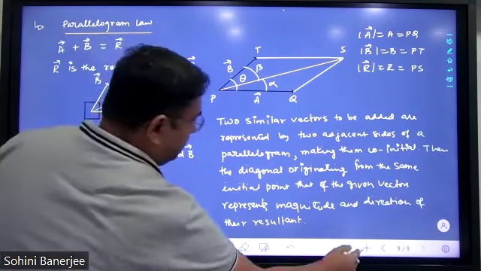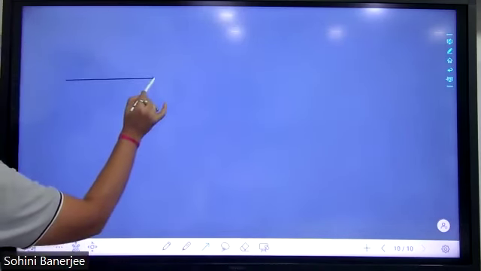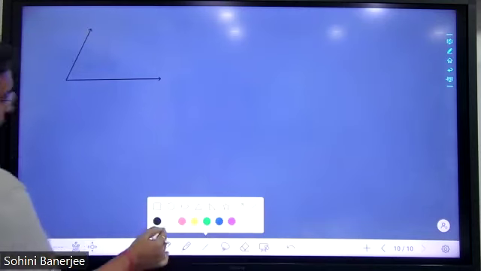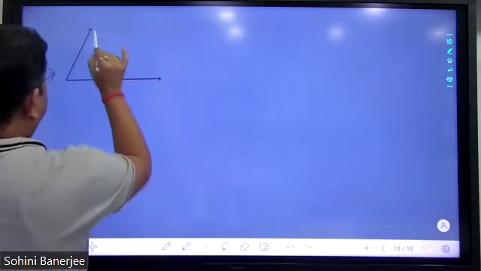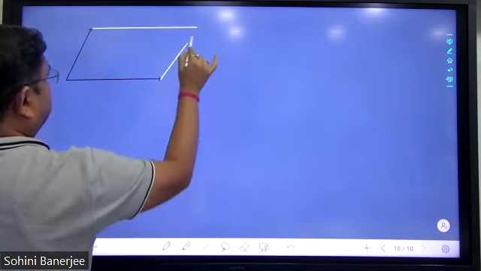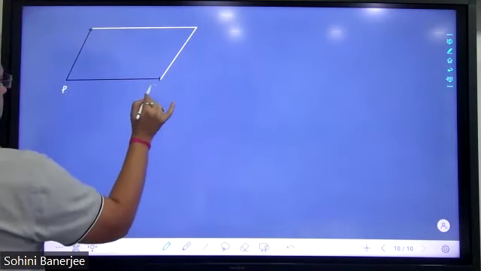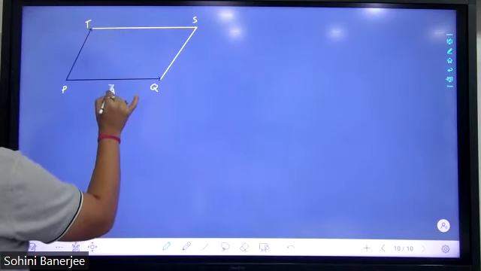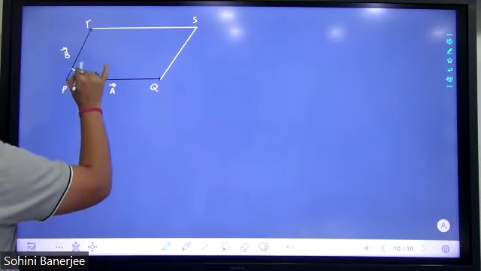So, A and B, parallelogram completed. P, Q, S, P, A, Q, theta.